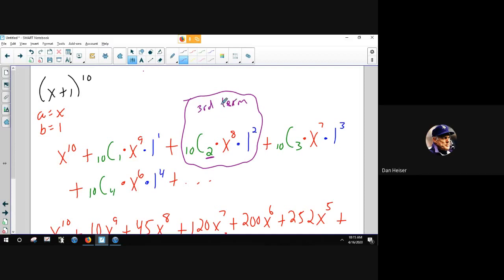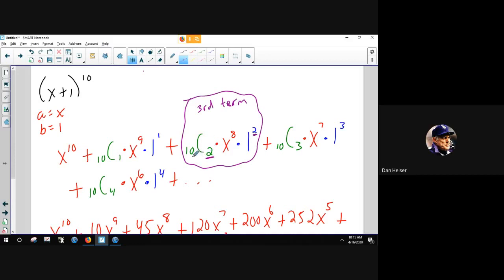Whatever term number we want, the R in NCR is one less than that term position. Also notice the power of B, in this case B is 1, is equal to the number in 10C, this number.